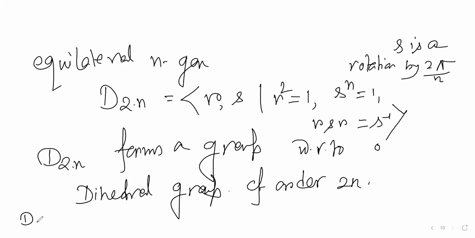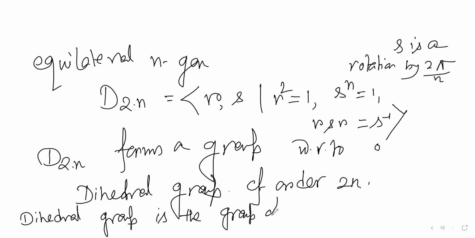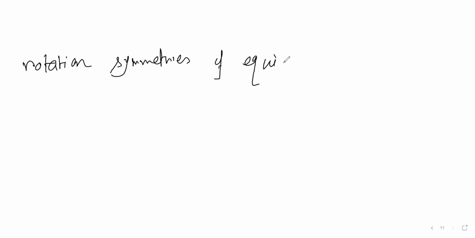Dihedral group is the group of all reflection and rotation symmetries of an equilateral n-gon.